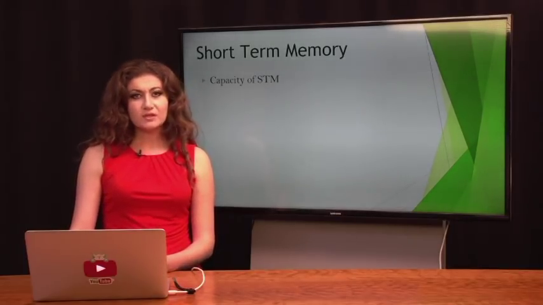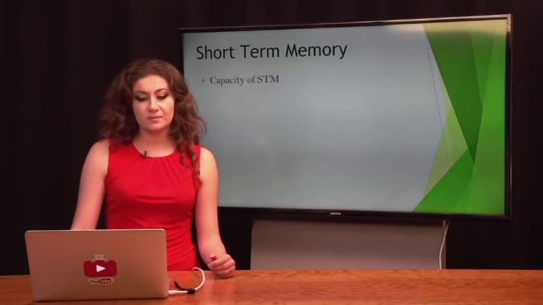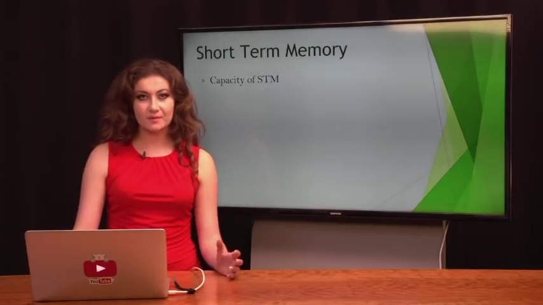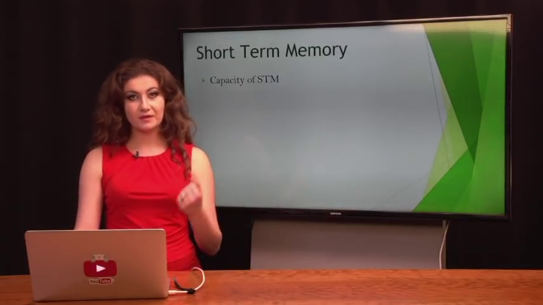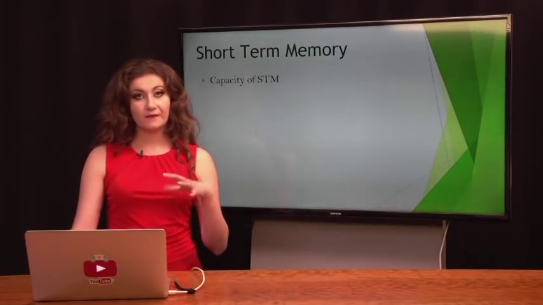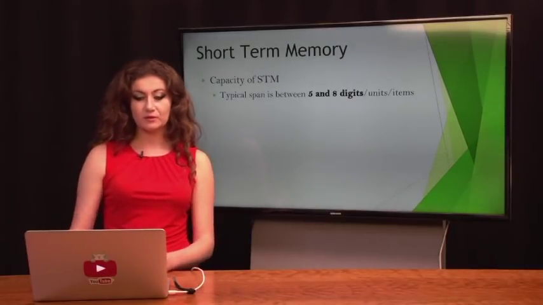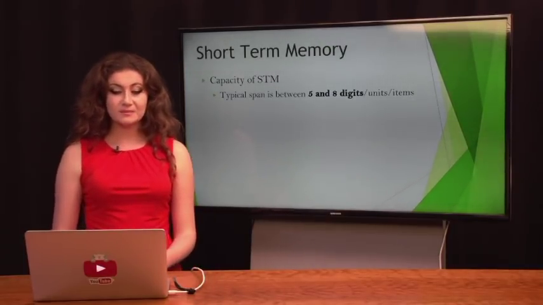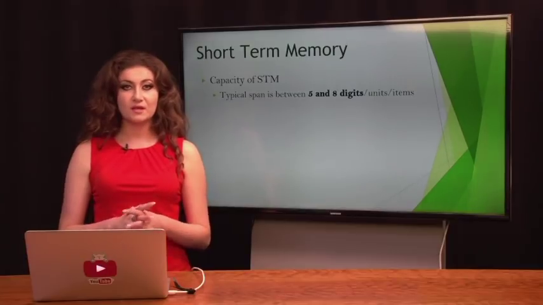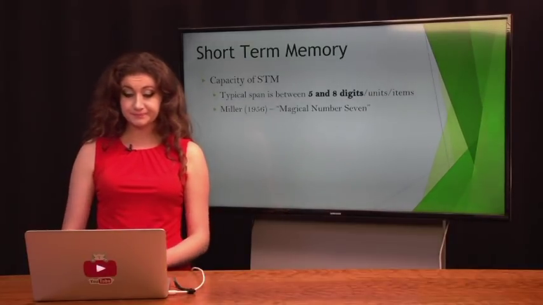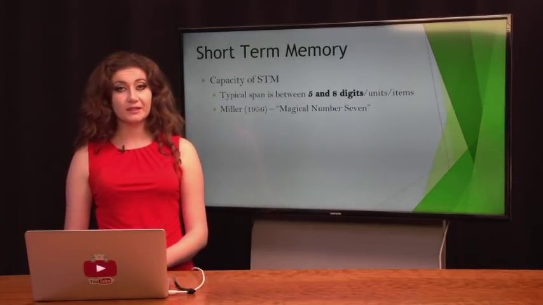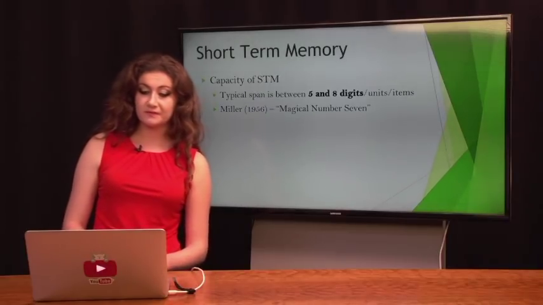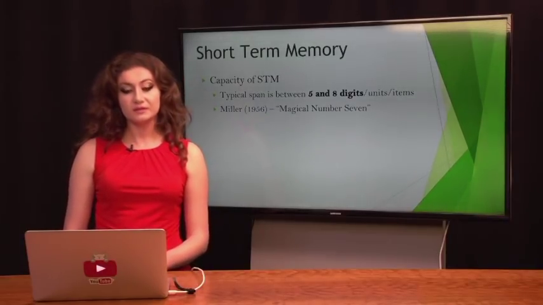So how much information can we store in short-term memory? Capacity is the word that we use in human factors to describe the amount of information short-term memory can hold. The typical span is between 5 and 8 digits, or units, or items. Miller wrote this wonderful paper in 1956 titled The Magical Number 7.